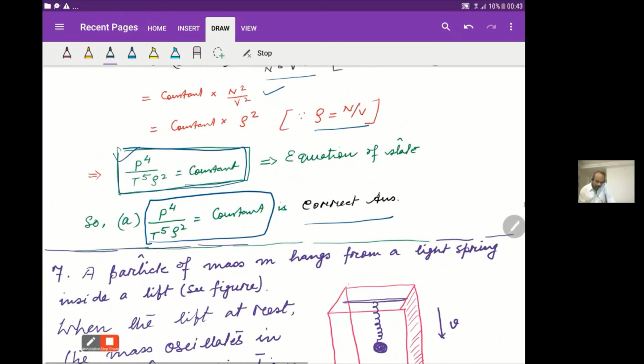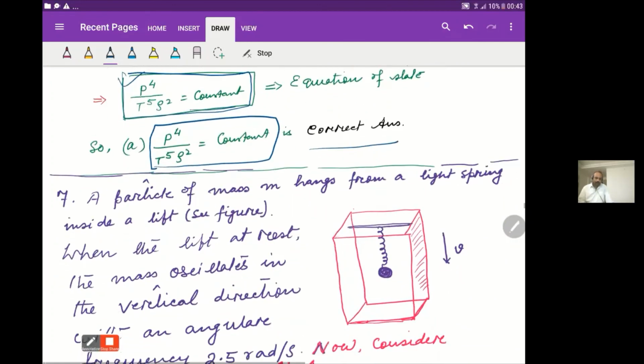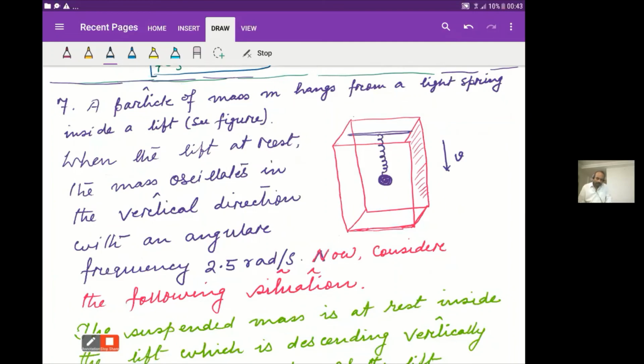Now we can move to problem number 7. It says that a particle of mass m hangs from a light spring inside a lift. See figure, this is the figure. When the lift is at rest, the mass oscillates in the vertical direction with an angular frequency 2.5 rad per second.